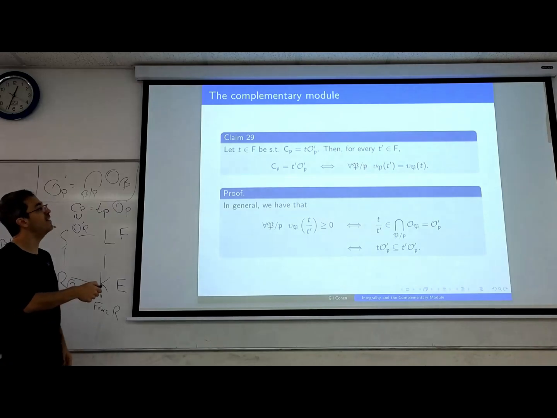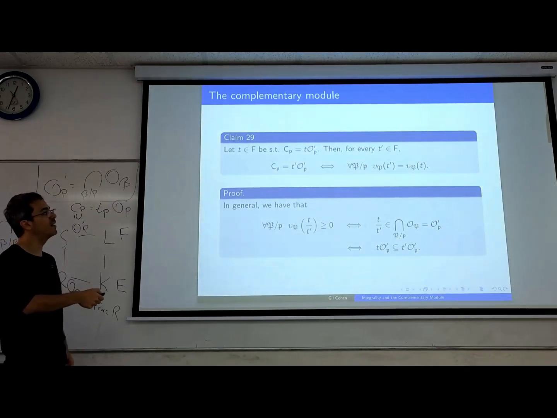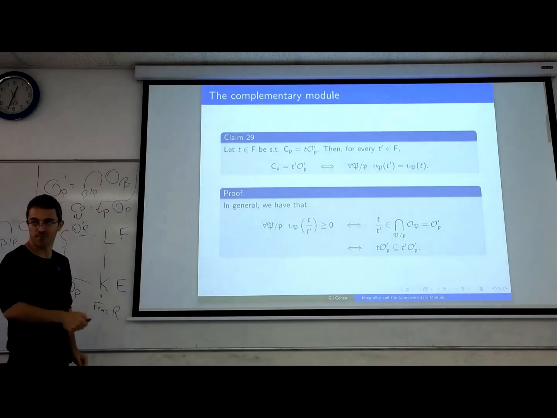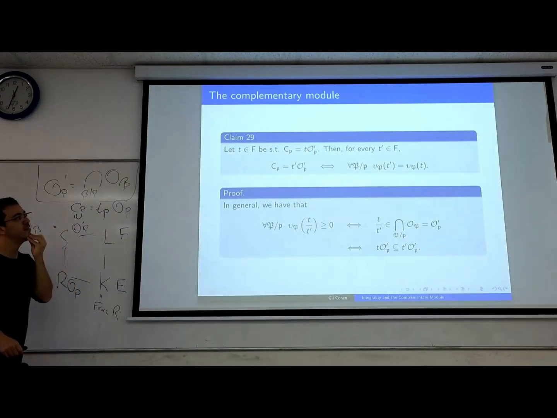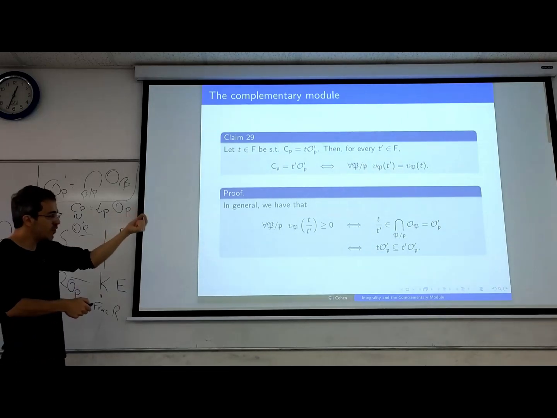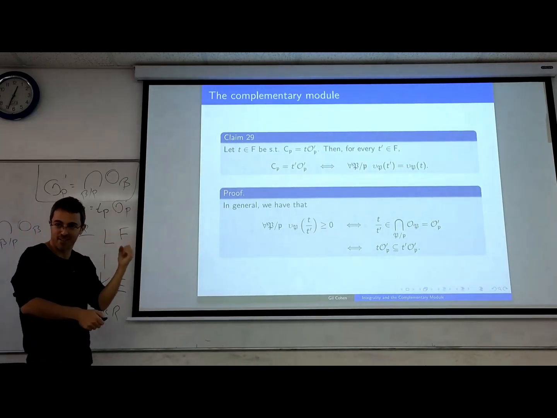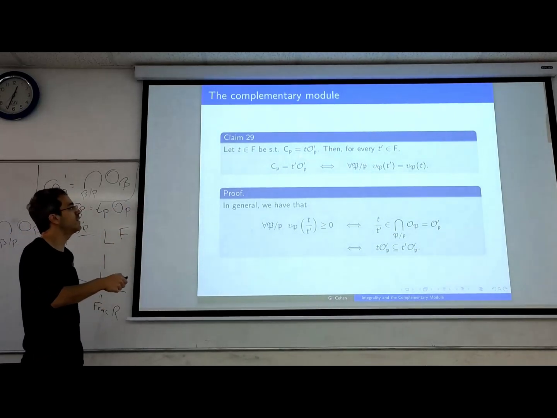So really the entry ticket to be a generator of CP is to have the right valuations at capital P's. These valuations, the numbers, are what matters, not the particular identity of the element.